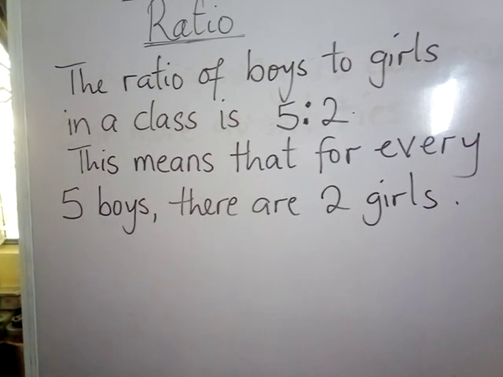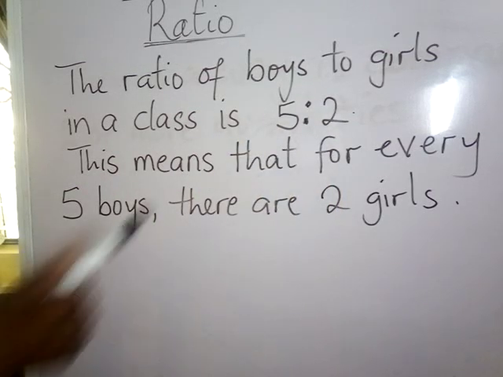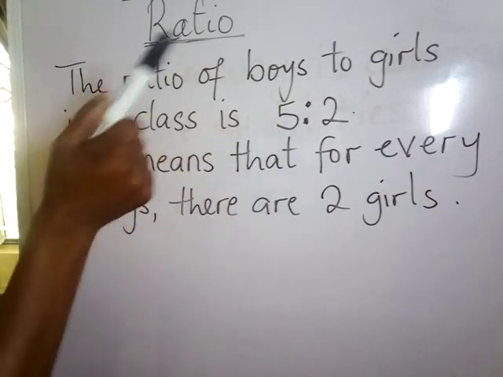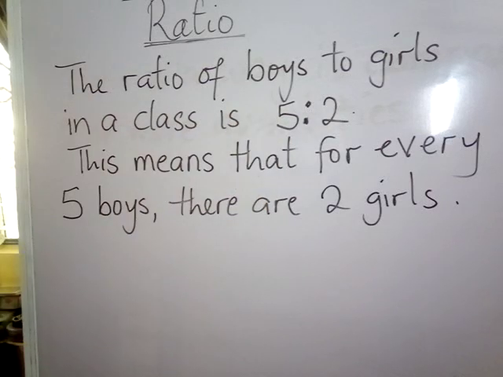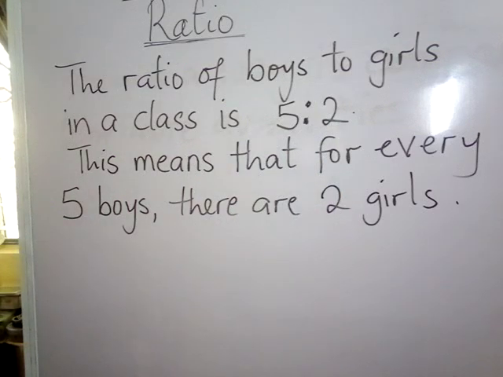If the ratio of boys to girls in a class is 5 to 2, that means that for every 5 boys in this class, there are 2 girls. That means if there are 10 boys in this class, you will have 4 girls. If there are 15 boys in this class, you will have 6 girls. If there are 20 boys in this class, you are going to have 8 girls. So that's how ratio works.